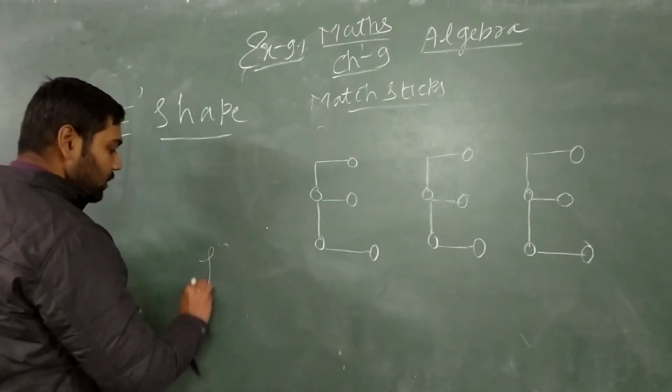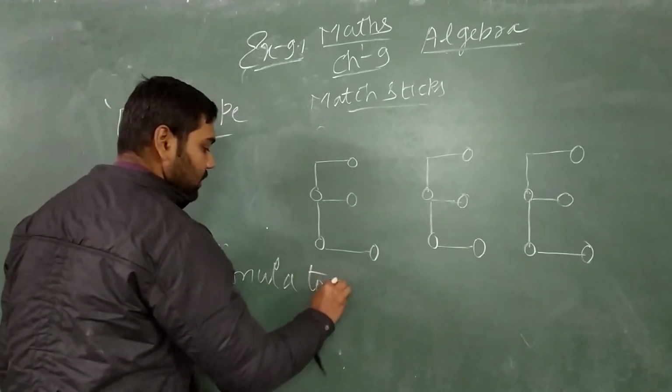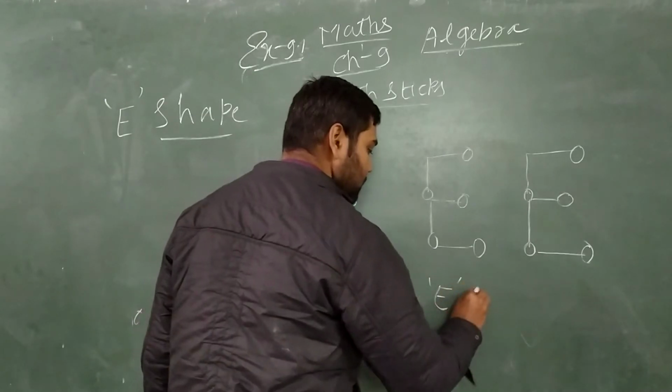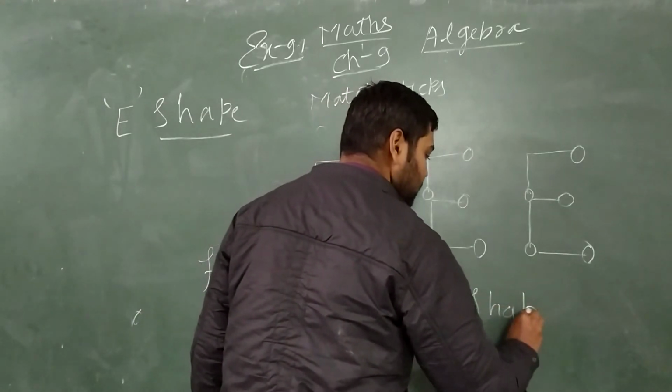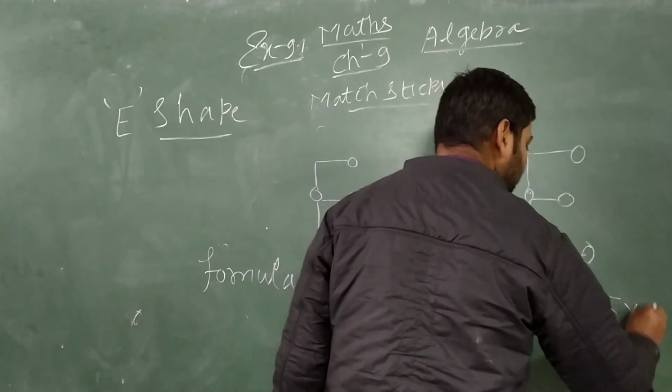So the formula to make the E shape is what? 5 into n.